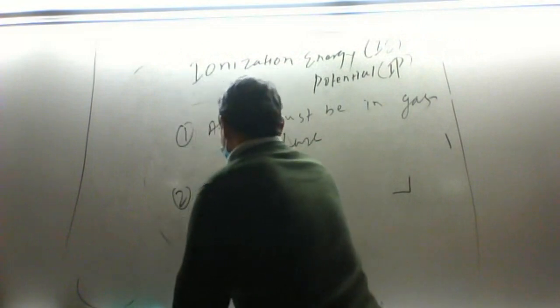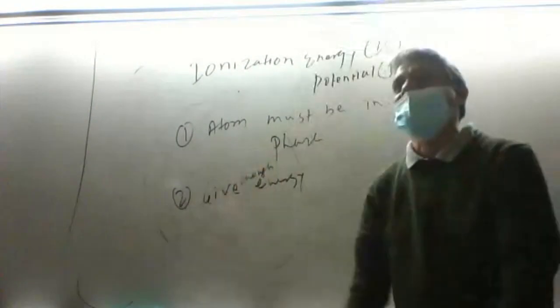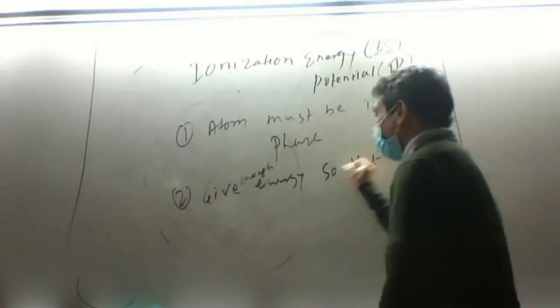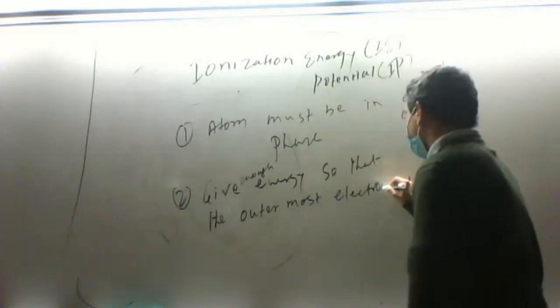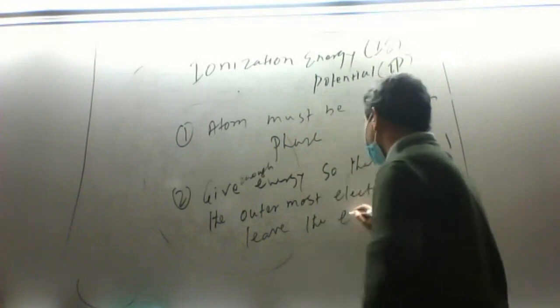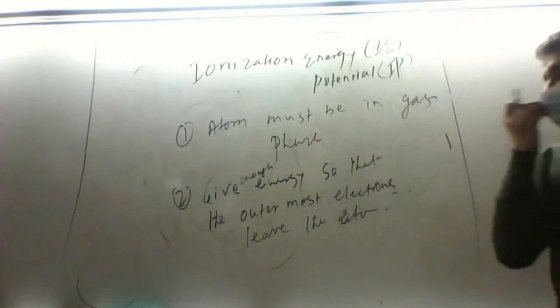And number two, give energy to that atom, give just enough energy, not larger energy, not smaller energy, just the enough energy so that the outermost electron leaves the atom and goes away. Yeah. And then what happens?